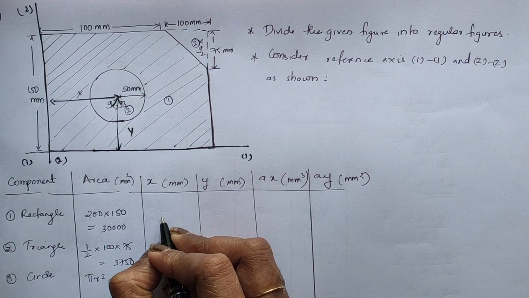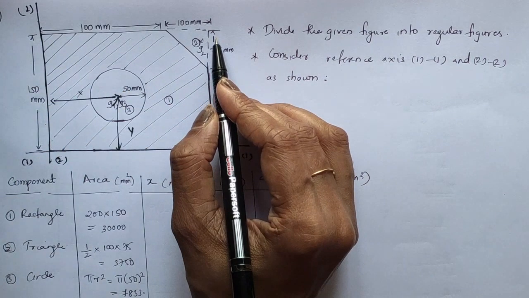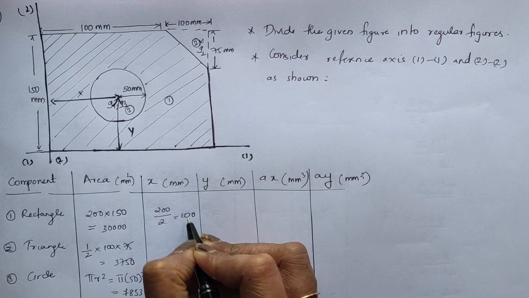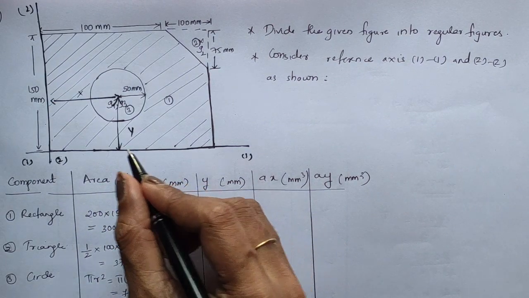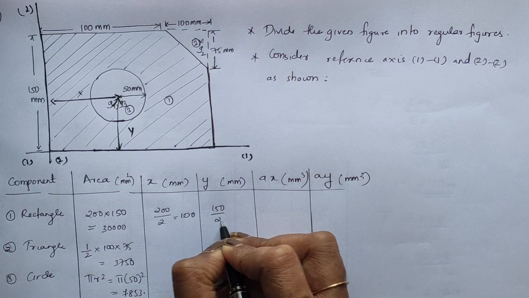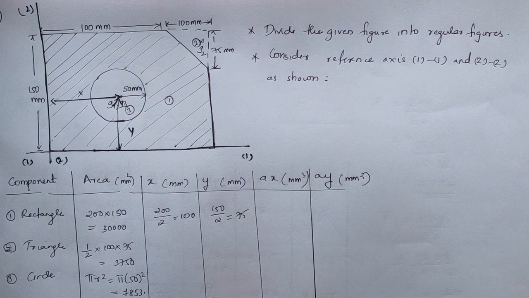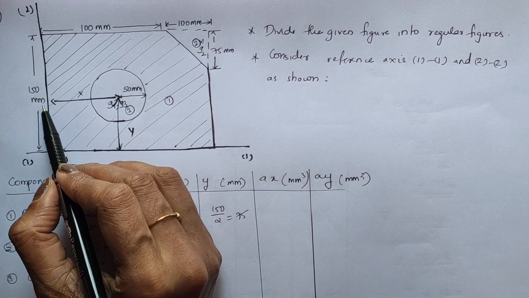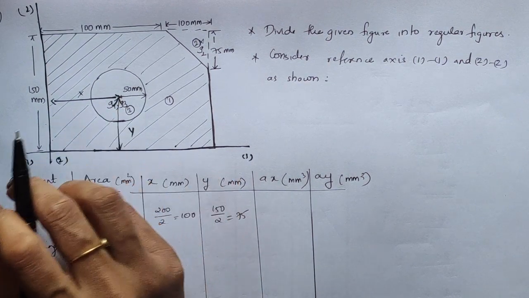So I'm going to write what is x. X will be the total distance is 200, so obviously 200 by 2, that is 100, and y is going to be, this total is 150, so 150 by 2, that is 75. So same thing I'll repeat for the circle as well, because I need the distance from the reference axis, not directly the center of circle.